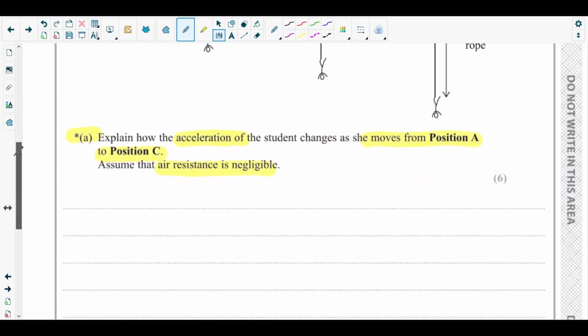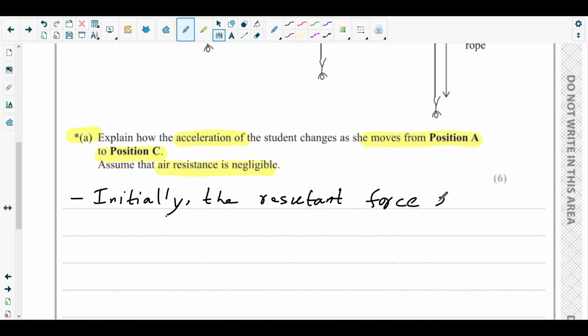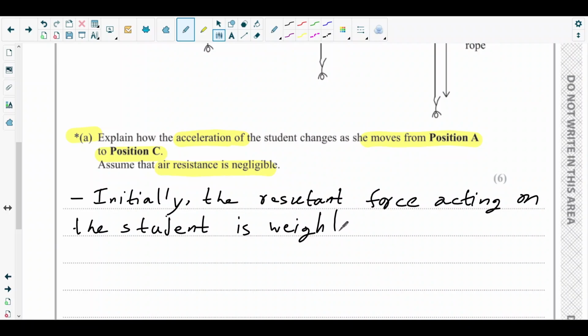So what we will write at first: initially the resultant force acting on the student is weight.